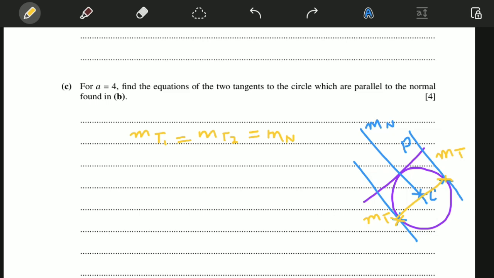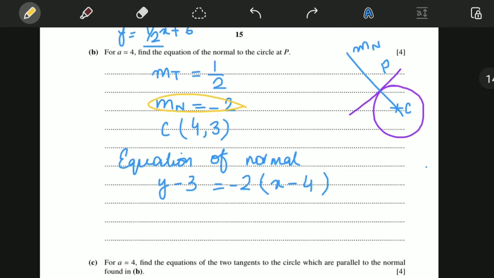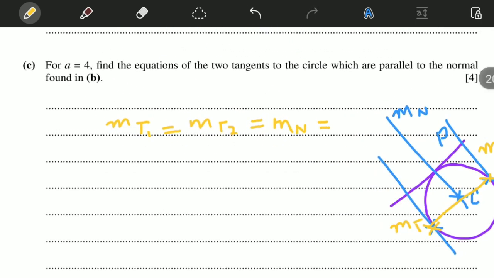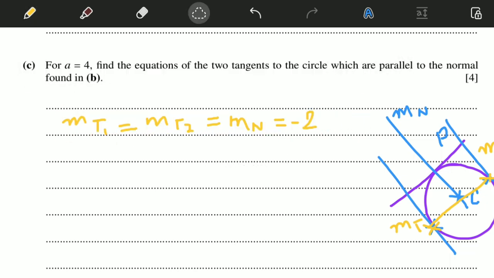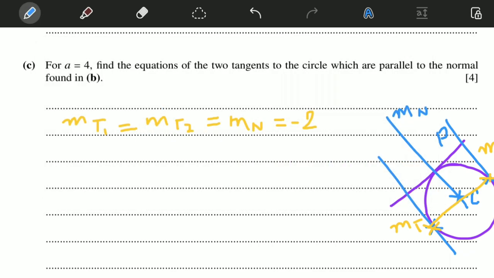Okay, so let's start. First tell me what is the gradient of the normal. Minus 2. So this will be equal to minus 2. Now, points of intersection.